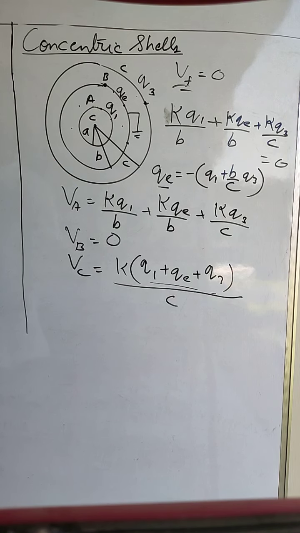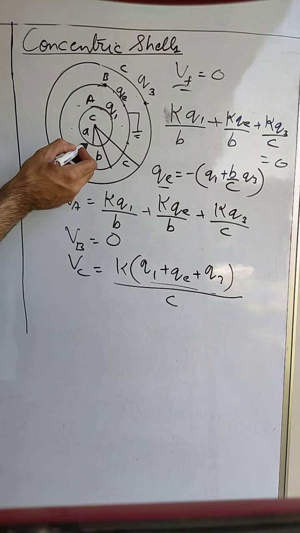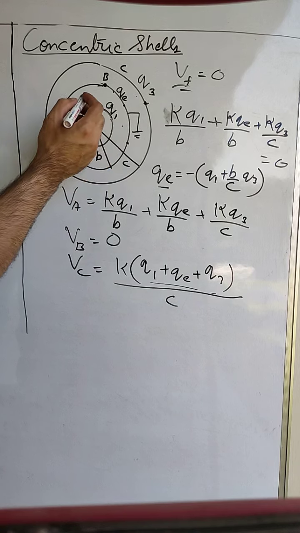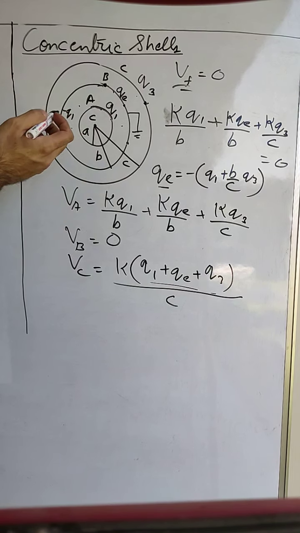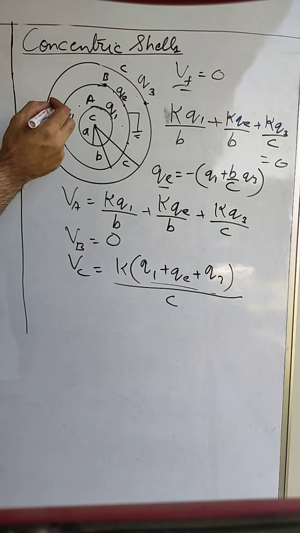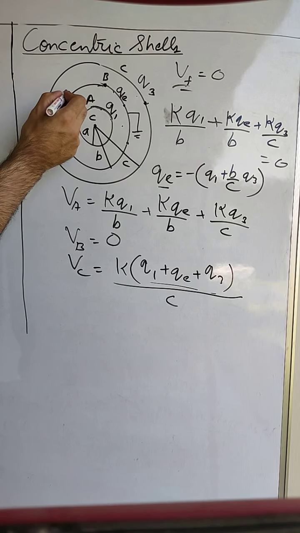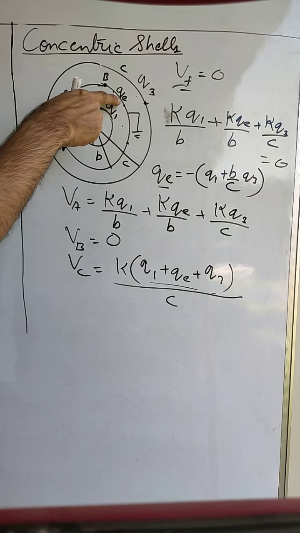For this I would like to take you back to the process of induction. See, if Q1 is the charge on the innermost shell, then it will induce a minus Q1 charge on the inner surface of shell B. Since electric field lines cannot penetrate the metal surface, this minus Q1 charge will induce a plus Q1 charge on the outer surface of shell B. The outer surface of shell B already had QE.